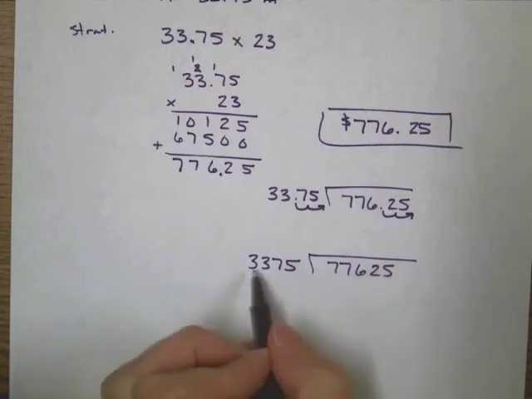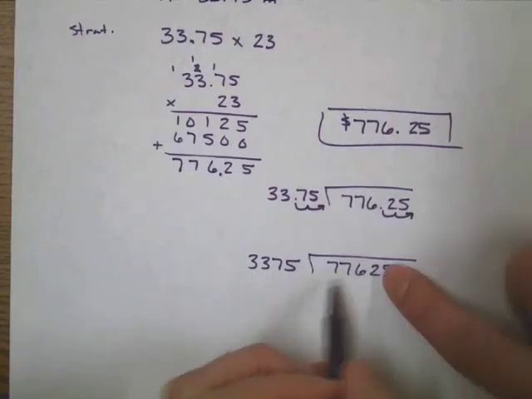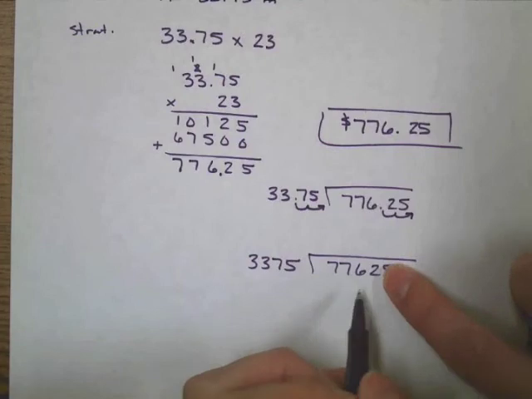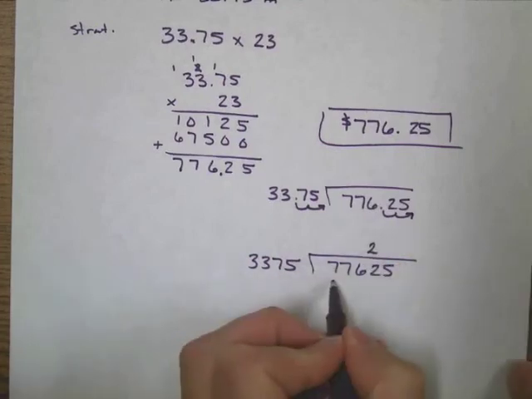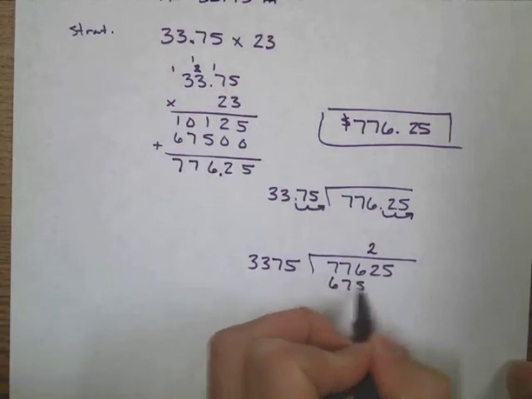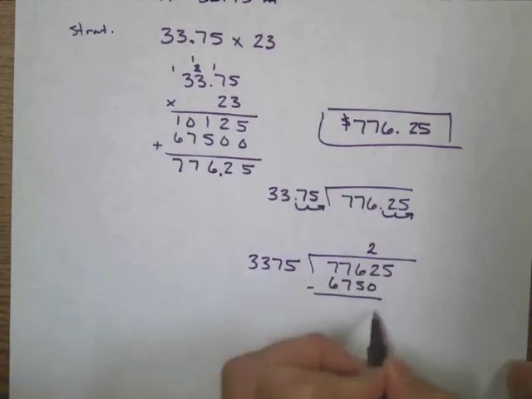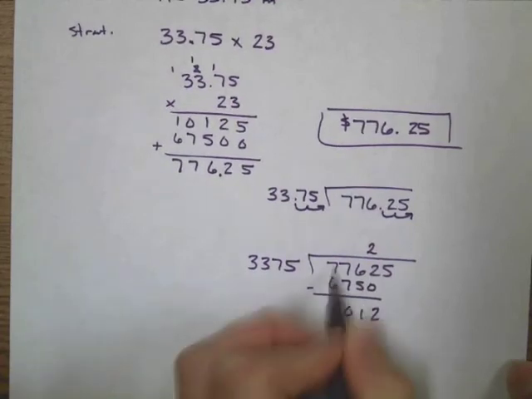And 3,375 goes into 7,762 2 times. 6,750. 2, 1, 0, and 1.